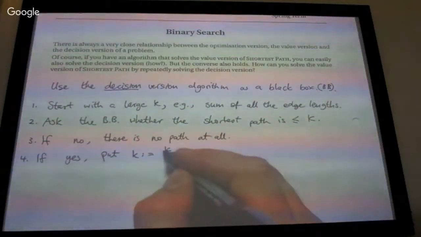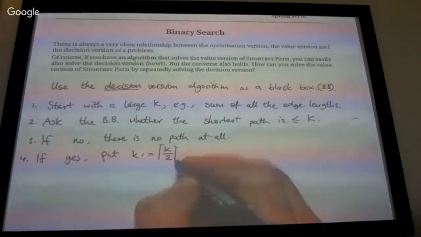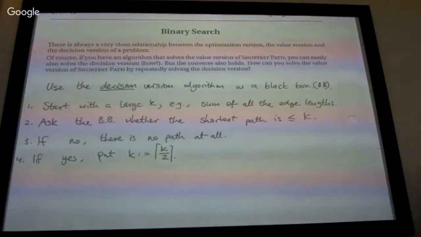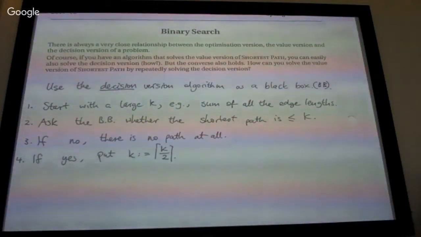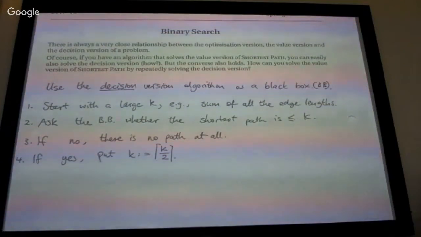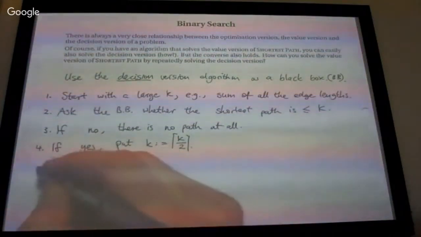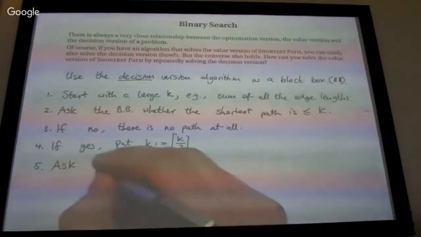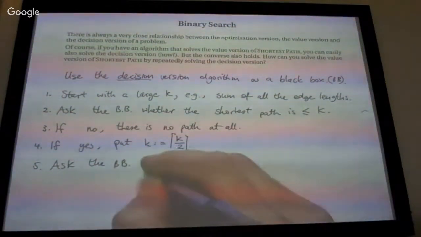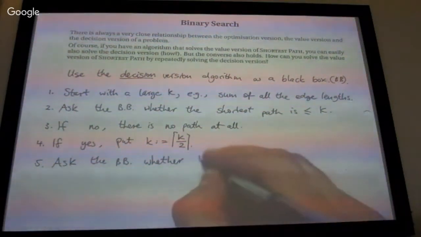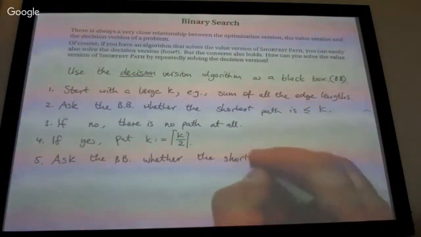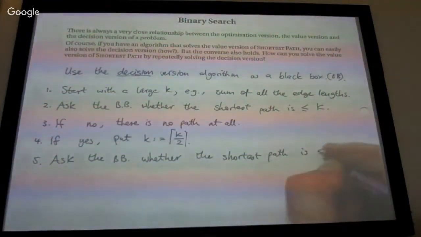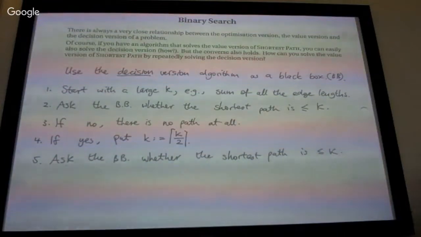So say you round it up. And then I wrote it the wrong way. So ask again the black box whether the shortest path is at most this new k.